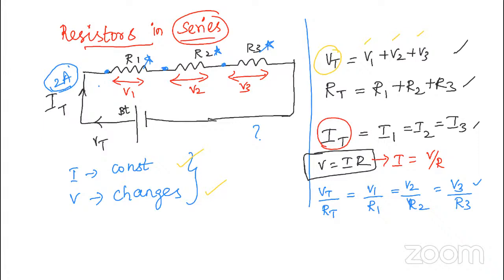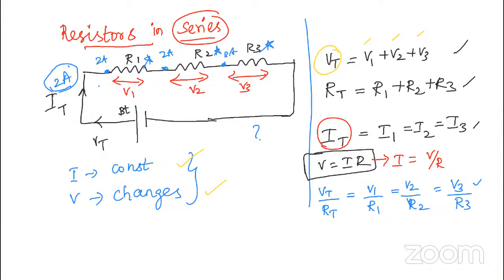Everywhere the current value is 2 ampere. Throughout the junction the current value remains constant, but the potential values will not be the same. That change in potential values is what we calculate, V1, V2, V3.